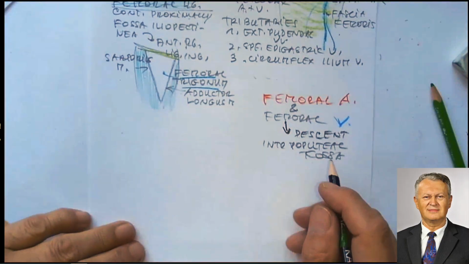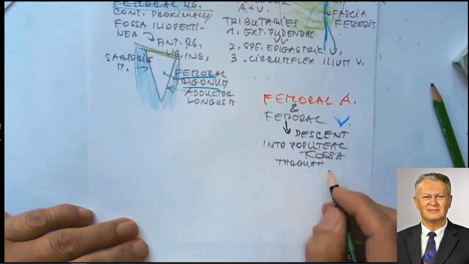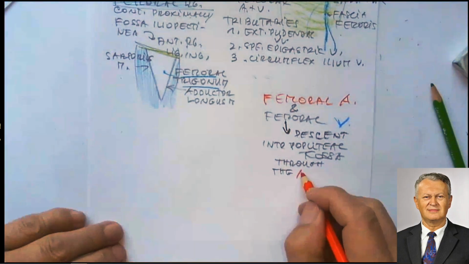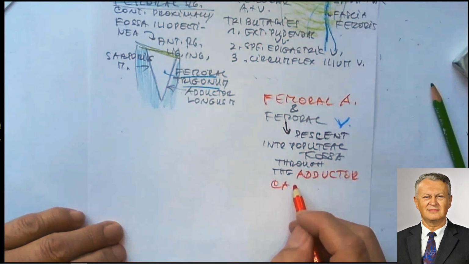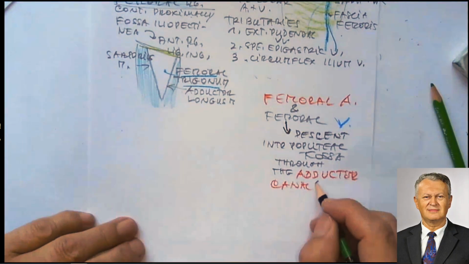We call it the adductor canal, again in red, the adductor canal, also called Hunter's canal.